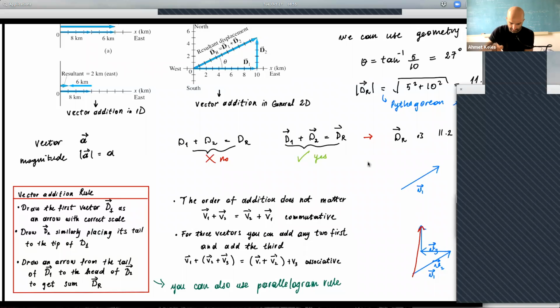For example, maybe I can draw here some orange. Okay, let's say this is my d1. Now draw d2 similarly with its magnitude and direction, but place its tail at the tip of d1. Say this is my d2.